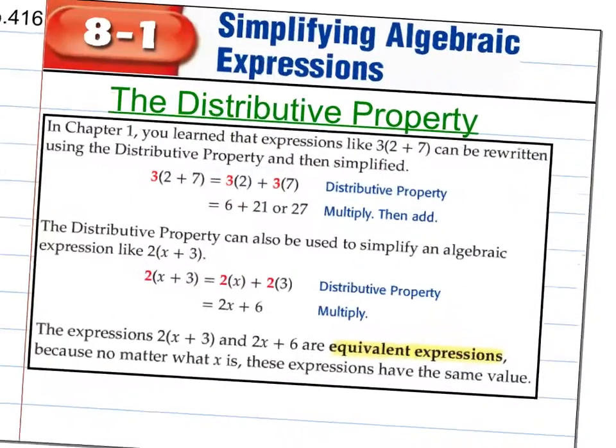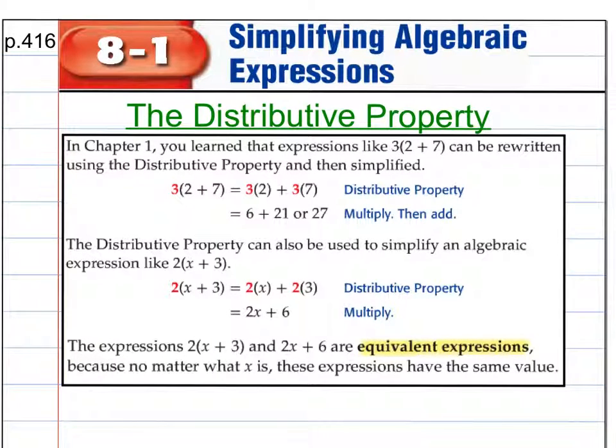So the distributive property, and we talked a little bit about it in chapter 1, you learned that instead of adding 2 plus 7, then multiplying by 3, you could distribute, and think about distribute as hand out the 3 to everything inside. So you do 3 times 2, 3 times 7, and then add them together.